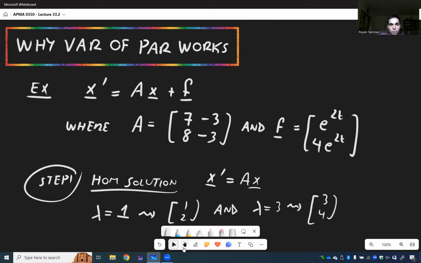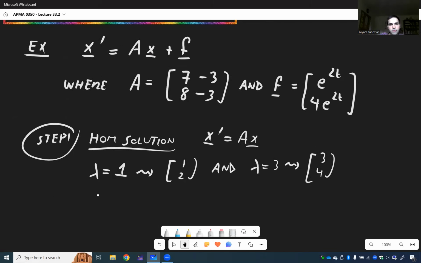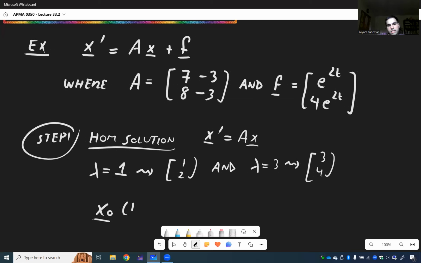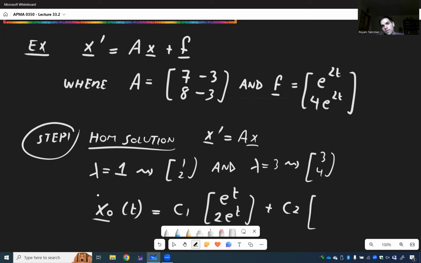And we ultimately obtained that the homogeneous solution is C1 e to the t, 2e to the t, plus C2, 3e to the 3t, and then 4e to the 3t.